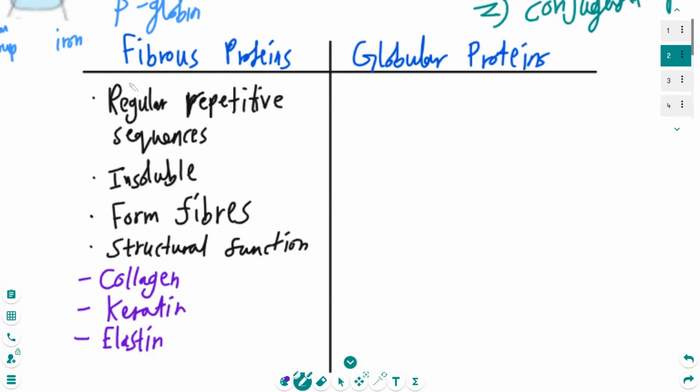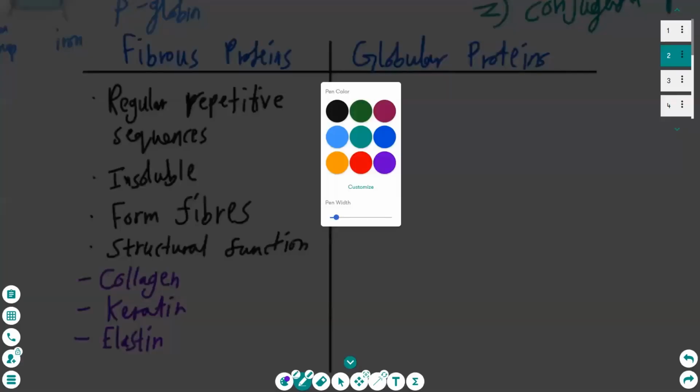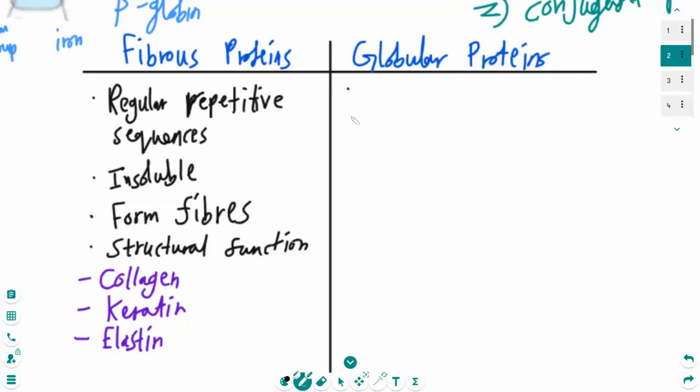So that's fibrous proteins. Globular proteins are a bit different. They tend to roll up into a spherical shape.